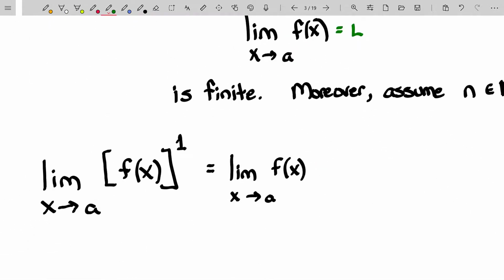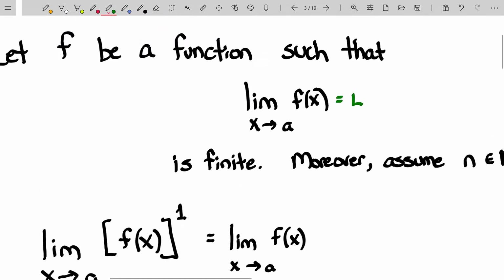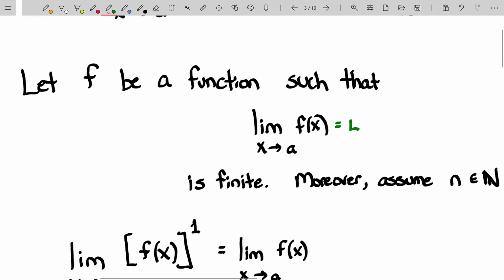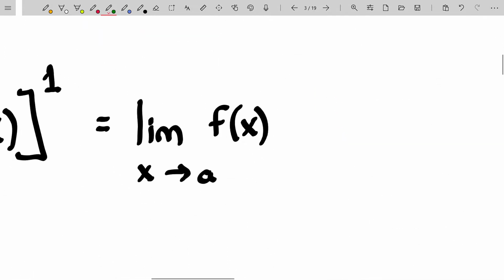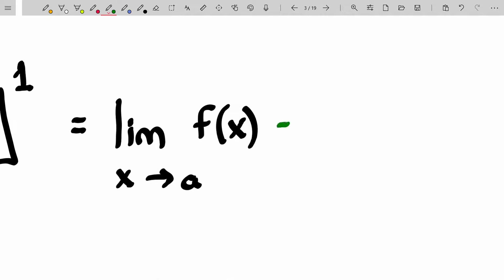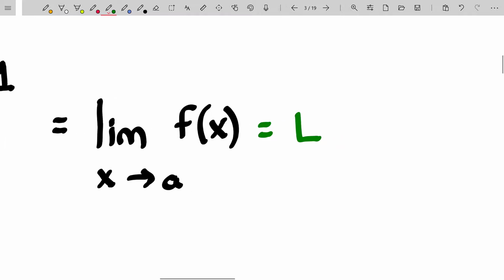So we have the limit as x approaches a of f of x to the first power is equal to, well, the limit as x approaches a of f of x. That's nothing new to us. However, we've been allowed to assume that the limit as x approaches a of f of x is equal to some finite number L. But guess what? L is L to the first.